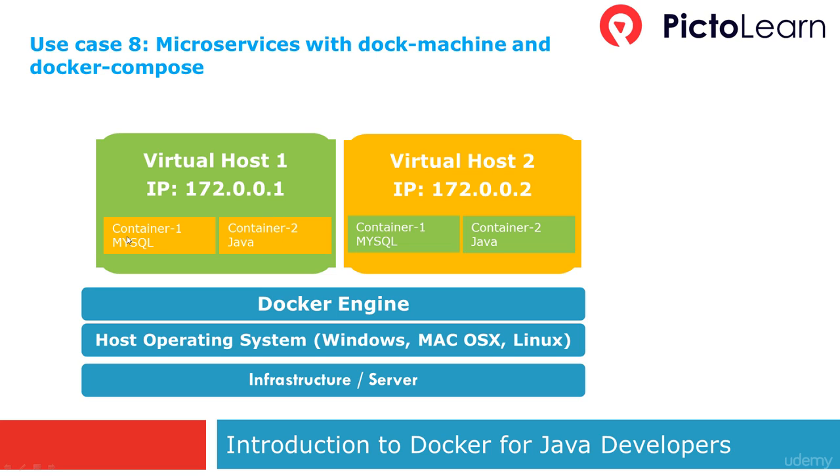This is called DB in our Docker Compose file, and this is called web in our Docker Compose file. So the Java is basically the web and MySQL is basically the database, and the same is the case in this case as well. So what we're going to do is we're going to have a Java program run in this section, which is going to connect to the MySQL, and the same thing is going to happen here as well. So just to quickly review the Docker Compose file once again.